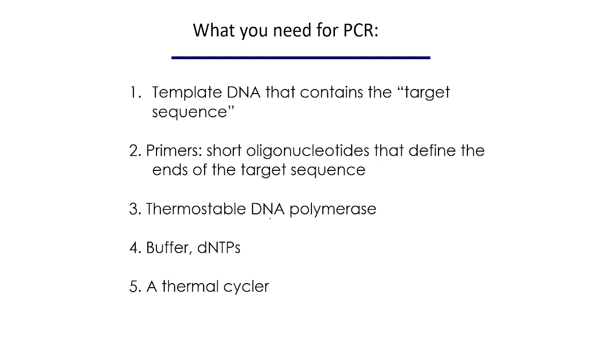So these are short oligonucleotides that define the ends of the target sequence, and these primers have a particular portion of your target sequence, and these are responsible for actually amplifying your entire template sequence or the entire gene of your interest or the entire DNA sequence which you're going to insert into the vector.